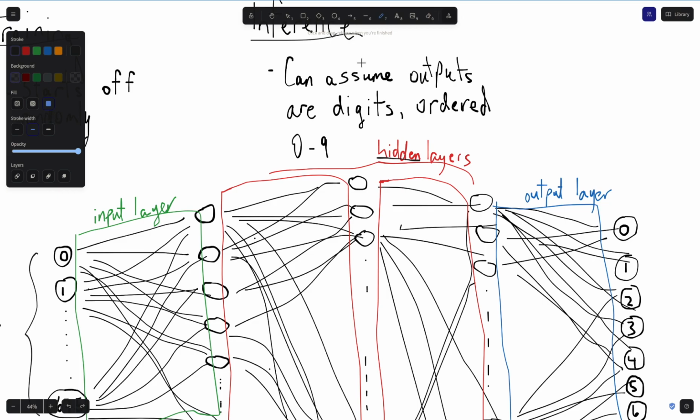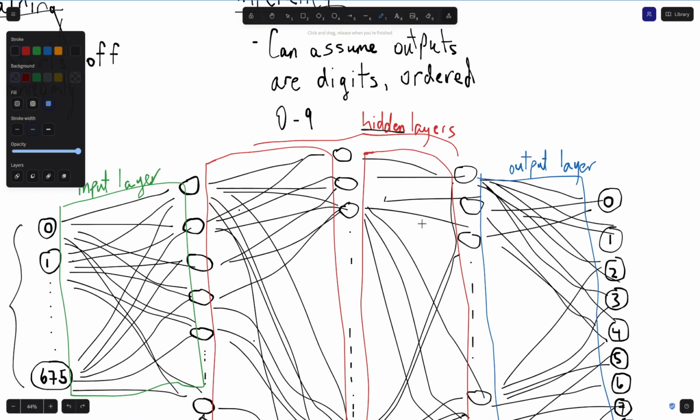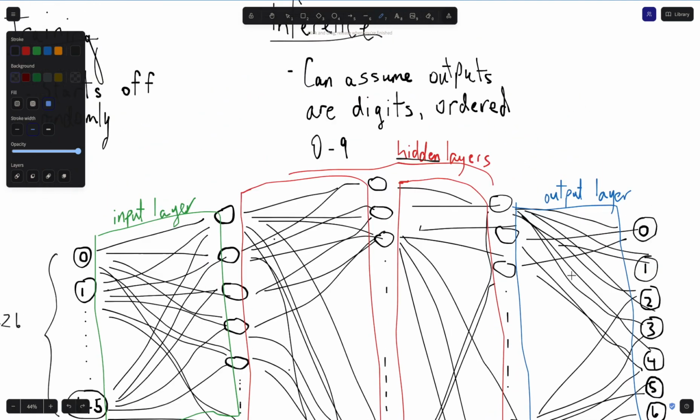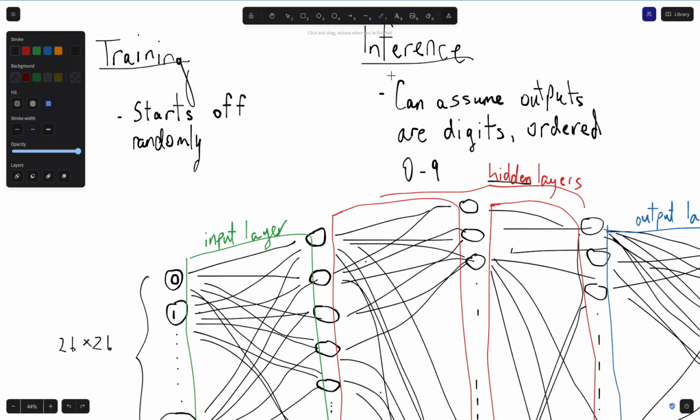And in inference, we're not updating the weights or the parameters at all. We are just taking what was given to us by training, and we assume that these now represent digits. So those are the different assumptions that we have for inference and training.